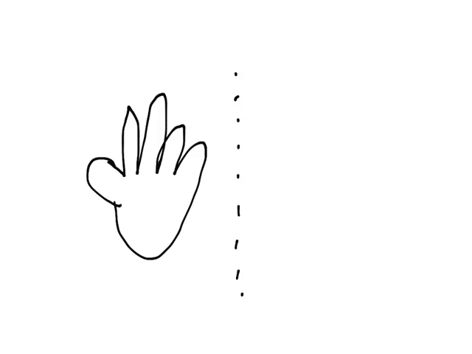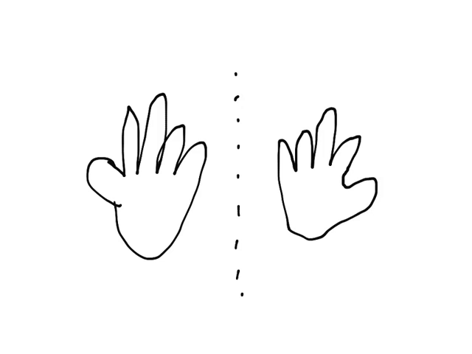The other hand will be like this. And so they're mirror images of each other. And so a term for mirror images is enantiomers when it comes to organic chemistry. Enantiomers.